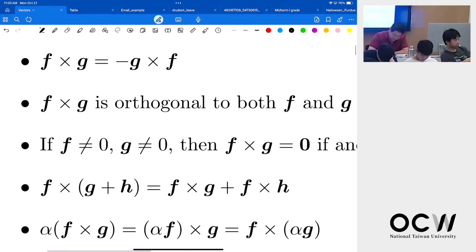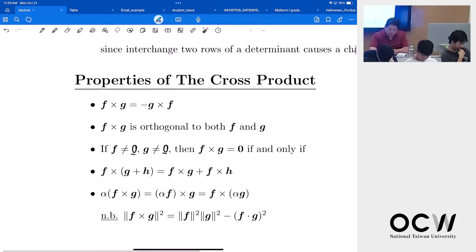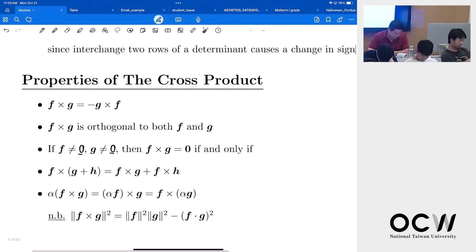And suppose f is not a zero vector, g is not a zero vector. Then what happens if f cross g is 0? Then we get this result: f cross g is 0 if and only if f and g are parallel.